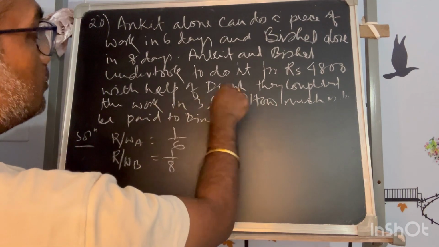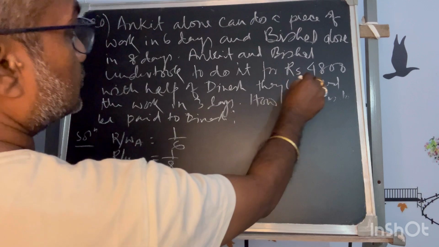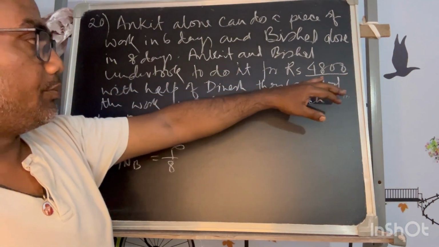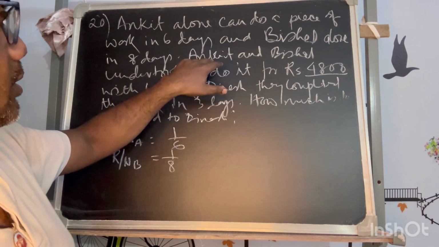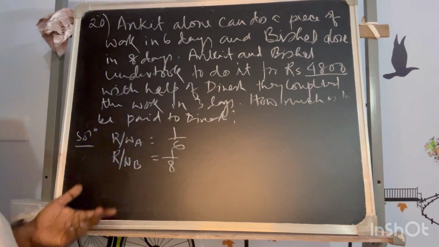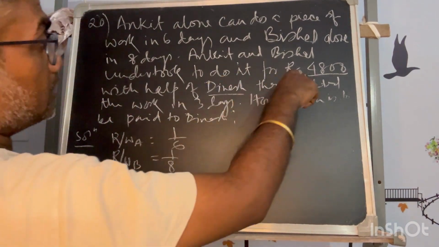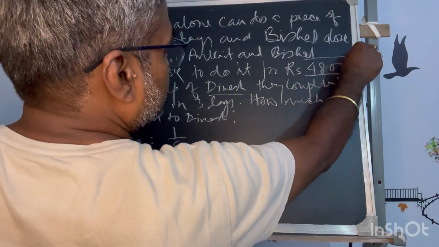Ankit and Vishal undertook to do it for 4,800. So the total payment that they will get, whether Ankit and Vishal do it together or take the assistance of Dinesh afterward, will be 4,800.